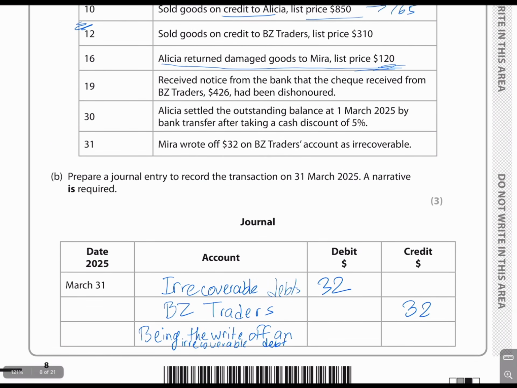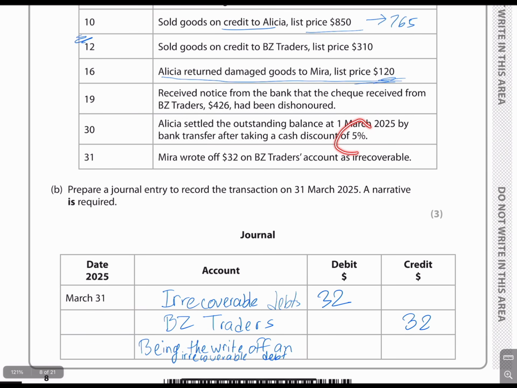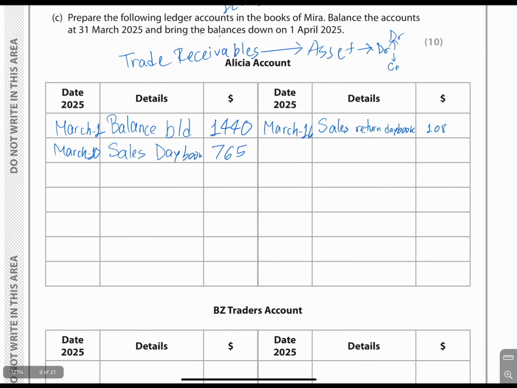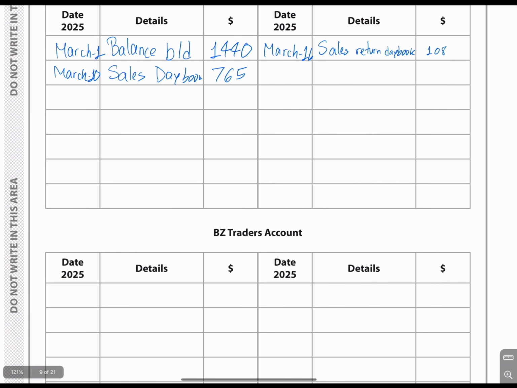Now she also received a 5% discount. As this is a cash discount, what is cash discount? Cash discount is a discount the customer gets for paying promptly, for faster payments. So we show a cash discount separately, right?